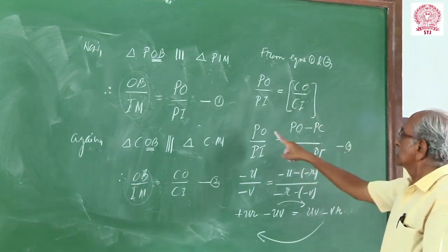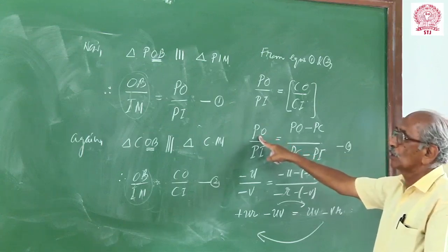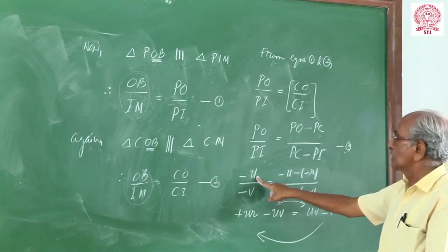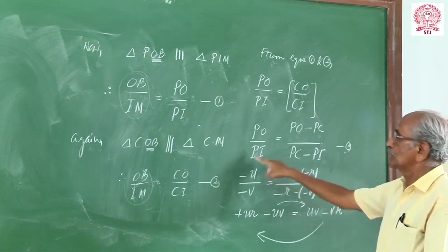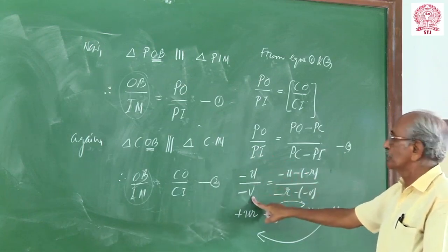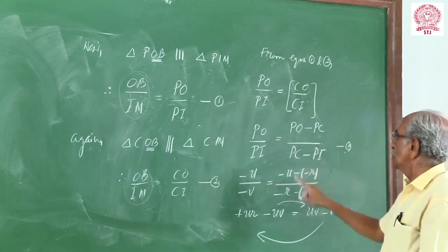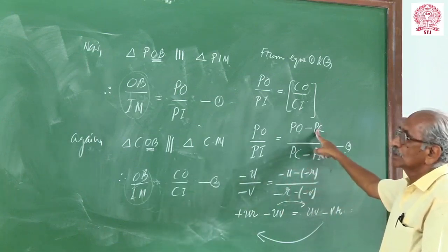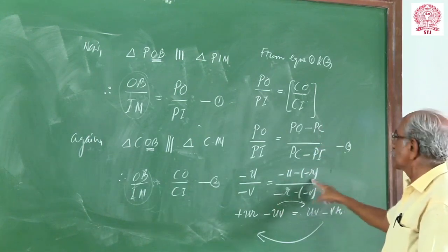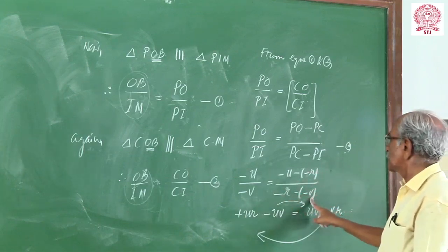Now from the figure, we denote the distance PO, the distance to the object O from the pole, as U. According to sign convention, it is minus U. Distance to the image from the pole, measured along the axis opposite to the direction of light, is minus V. That is equal to PO, again minus U. PC, the distance to the center of curvature from the pole, is R, opposite to the direction of light, therefore minus R. Similarly, minus R, minus of minus V.